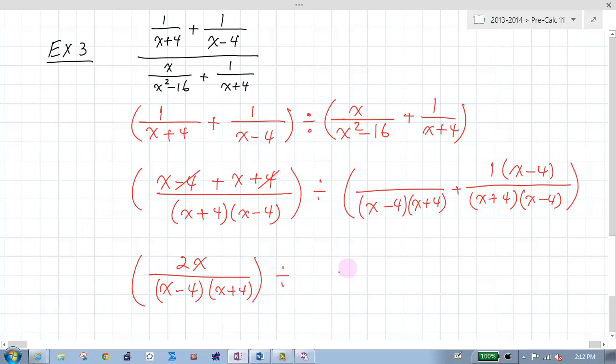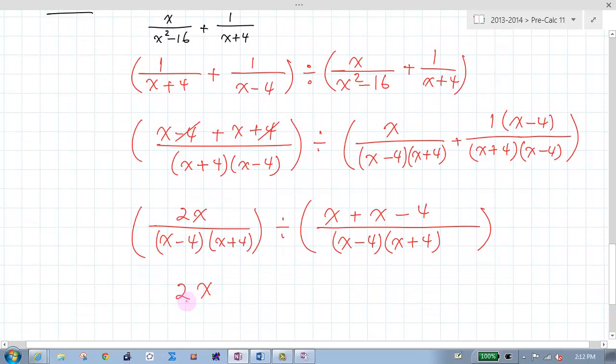and divided by, oops, there was an x here, divided by, here I'll combine the two rational expressions. I have x minus 4 times x plus 4. So from the first fraction I have x, from the second fraction I have x minus 4.